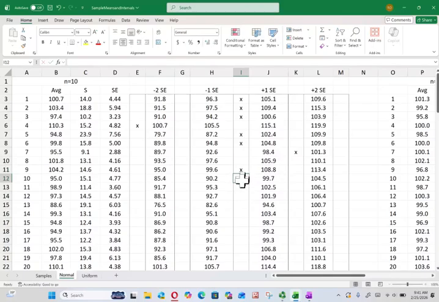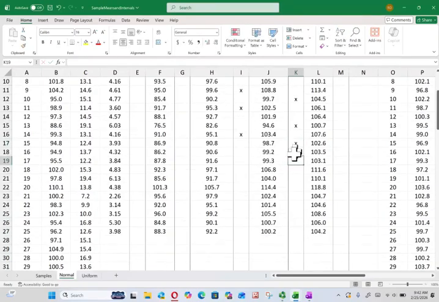The next one is up 1. Next one's in the middle. Next one is between 1 up and 2 up. Next one's in the middle. Next one's 1 up.